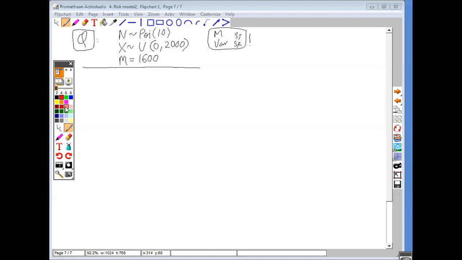Yeah, so I'll have to figure out the expectation of N and the expectation of X. So let us try to do that. What is my expectation of N here? 10, right?